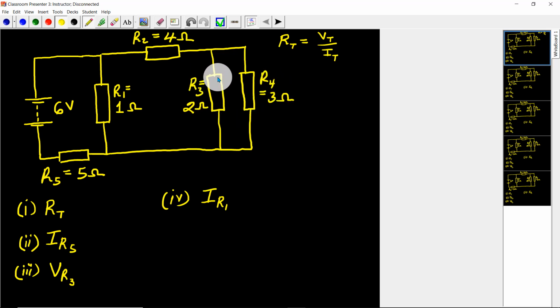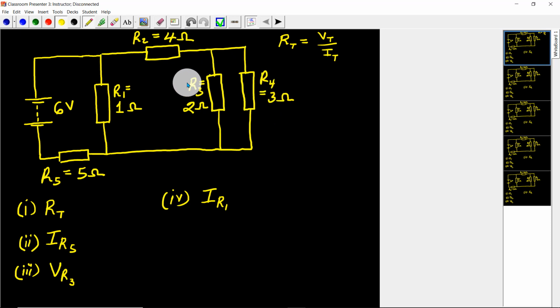In this particular circuit, R2 and R1 are in parallel, but I cannot get the effective resistance for R1 and R2 directly just because they are in parallel, by using the equation product over sum, or by using the inverse of the resistances. Why is that? It's because there is this complicated circuit here which is also a parallel connection of resistors.